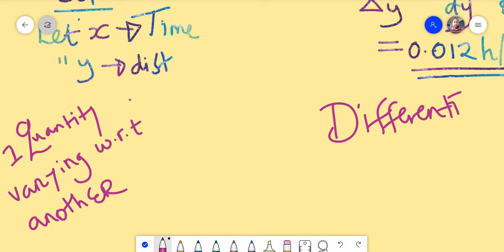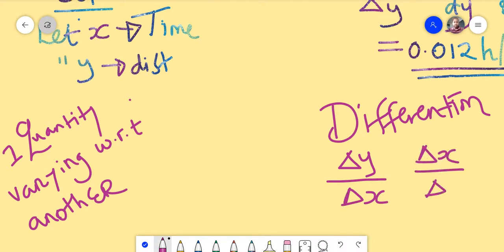You might go look for definitions, but this is the most basic thing you need to understand about differentiation. It deals with quantity y varying with respect to x, or quantity x varying with respect to quantity y.